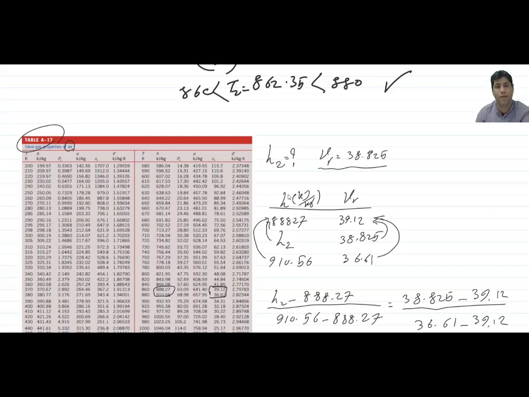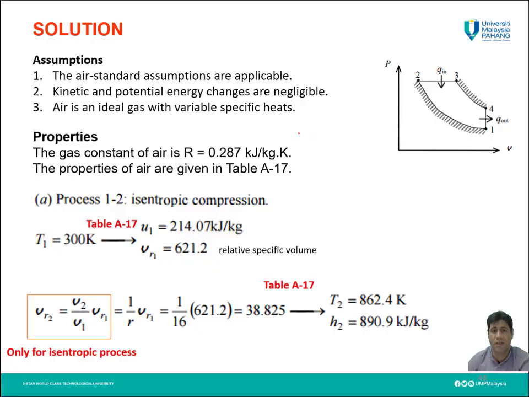So let's go to the example and continue the answer for the question. You have seen how you can find T2 and H2, the temperature and enthalpy for state 2, by interpolation from table A17.